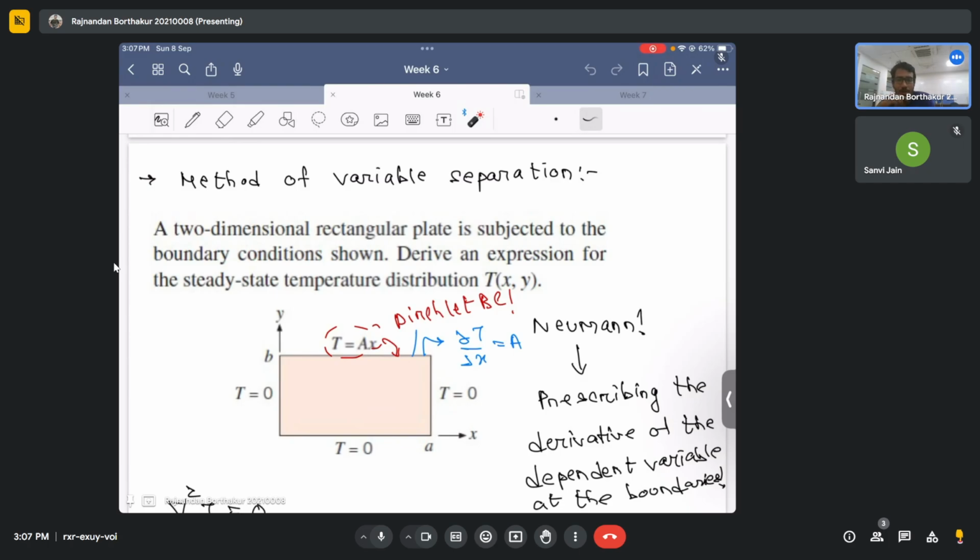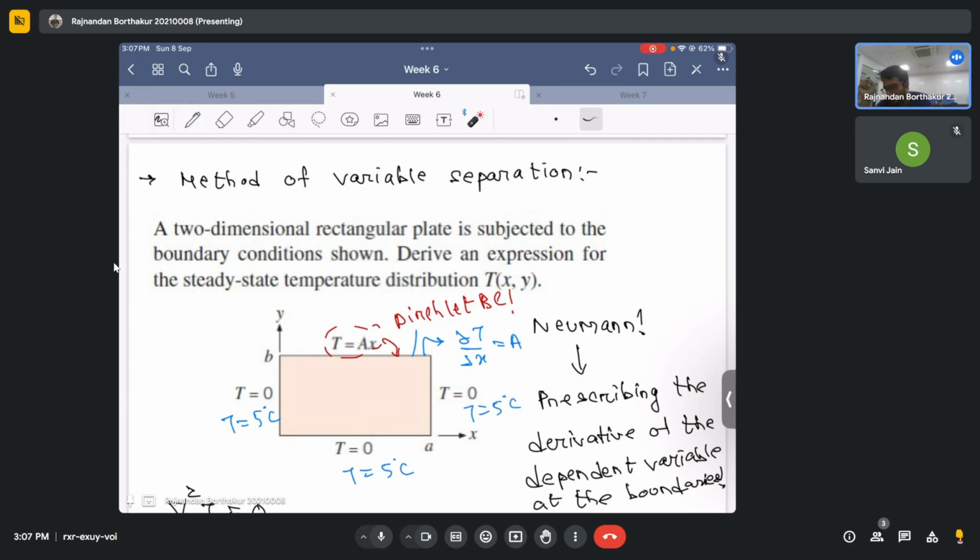I'll quickly ask you a very simple question. Let's say I have this same problem, but instead of T being equal to 0, let's say this is a non-zero temperature. Let's say this T is 5 degrees Celsius, and this T is also 5 degrees Celsius, and this T is also 5 degrees Celsius.